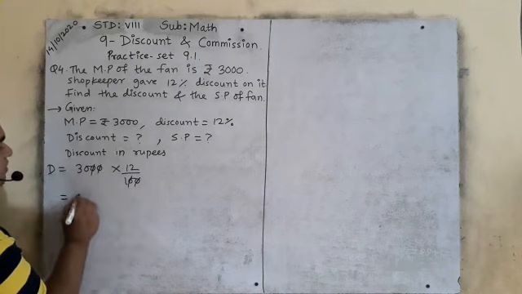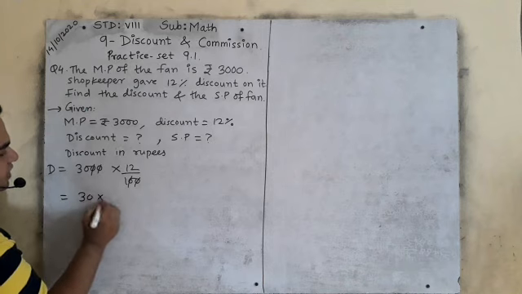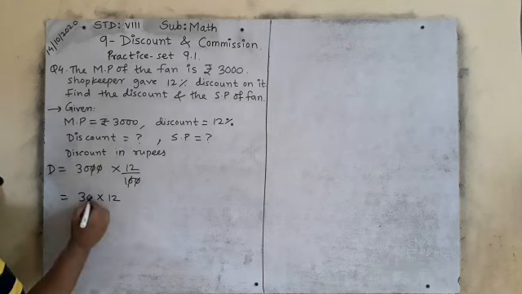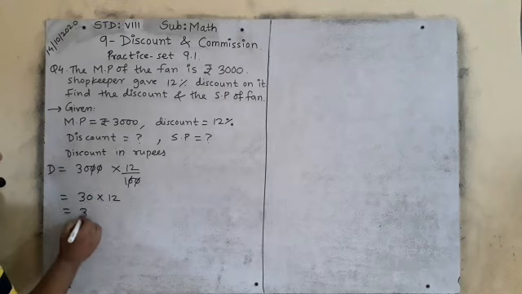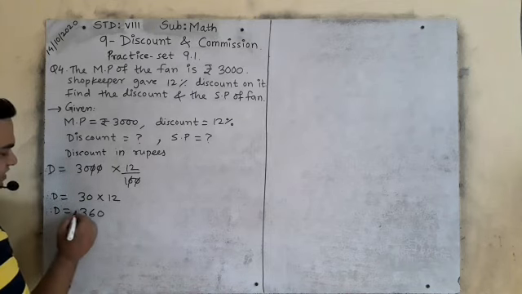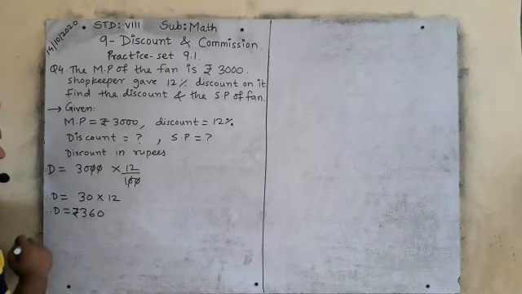What is left over? From here 30 is left and from here 12, because upon 1 means nothing. 12 3s are 36 and zeros are 0. So you got discount is equal to 360 rupees.